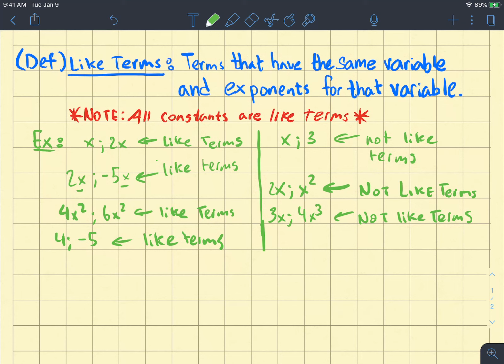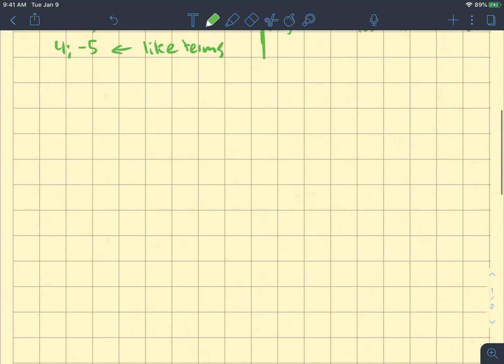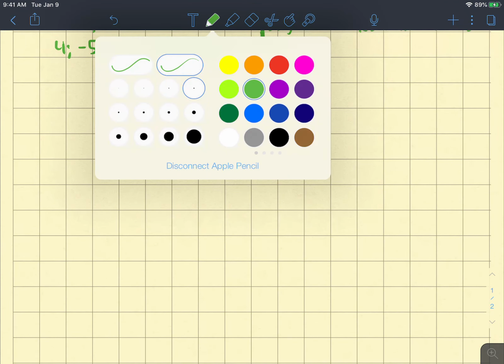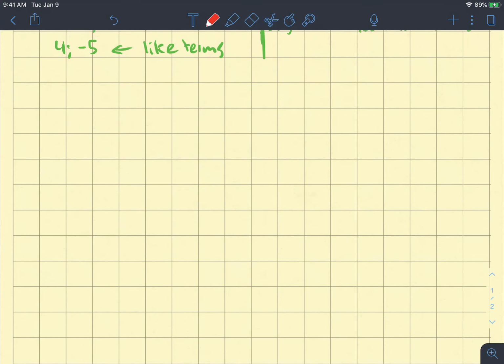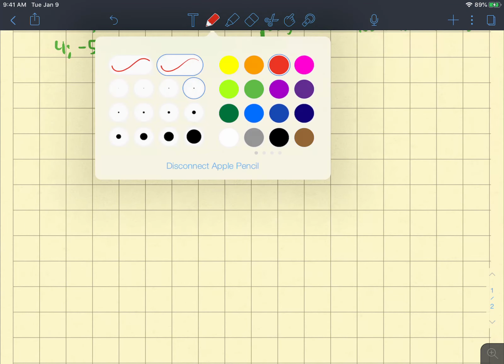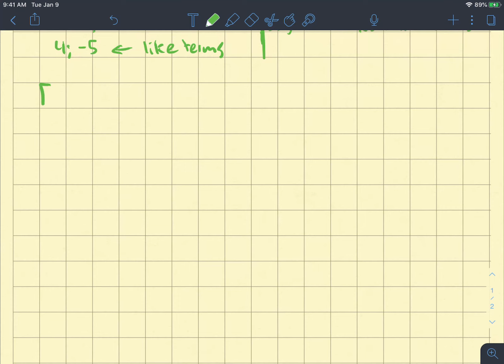So we're just going to jump straight into it. We're going to go into our maths, and we're going to go ahead and go into our first example. Example one.